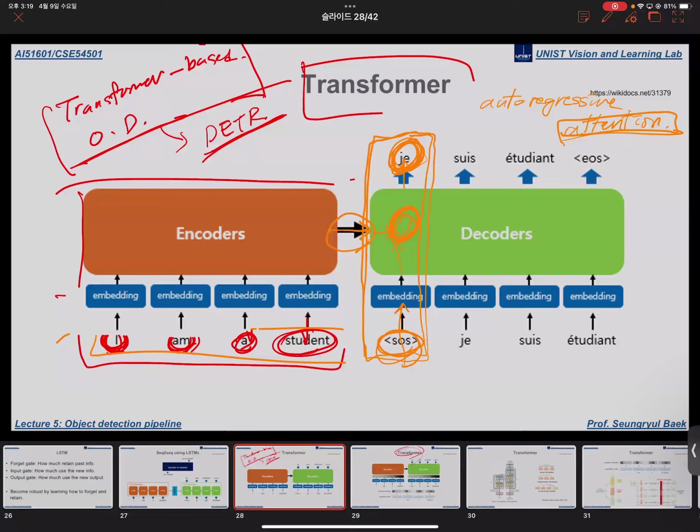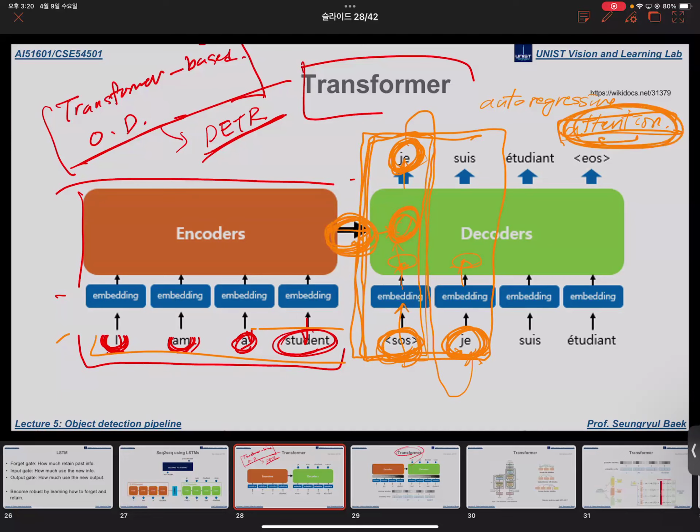After getting this first output, you input it here, and it starts the second phase. Given this starting token and the first translated word, you combine their feature with the input feature using the attention mechanism to output the second word.